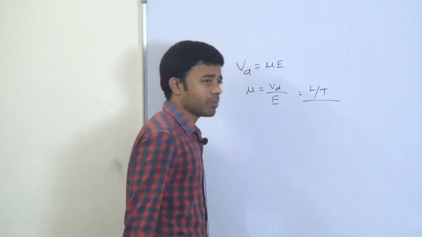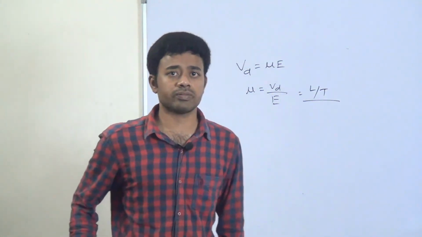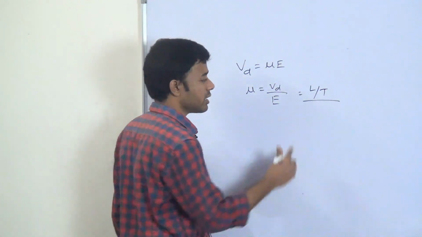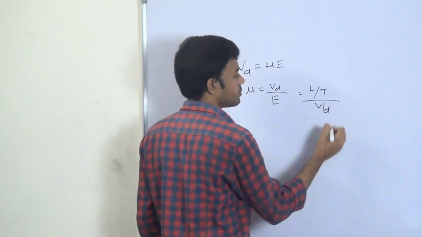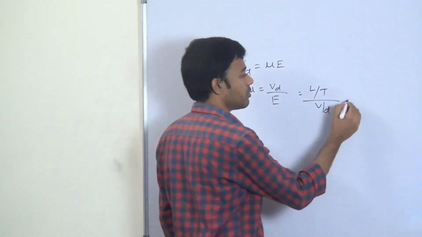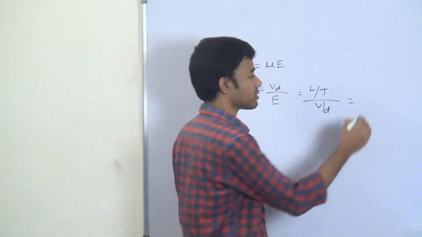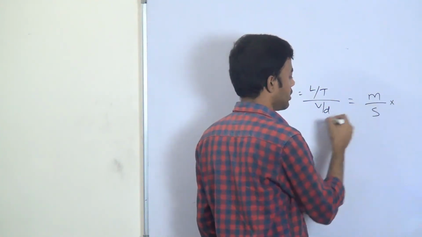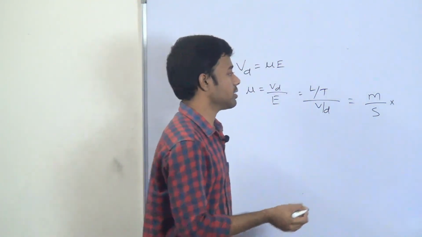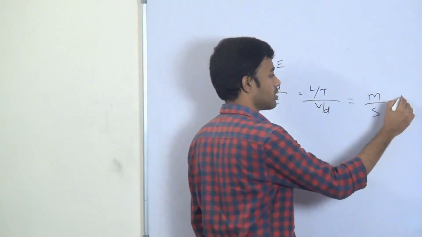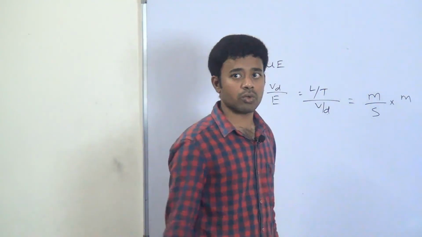We know that V equal to ED, so E equal to V by D. The unit of length is meter, time is second, distance is meter and the applied voltage is volt.